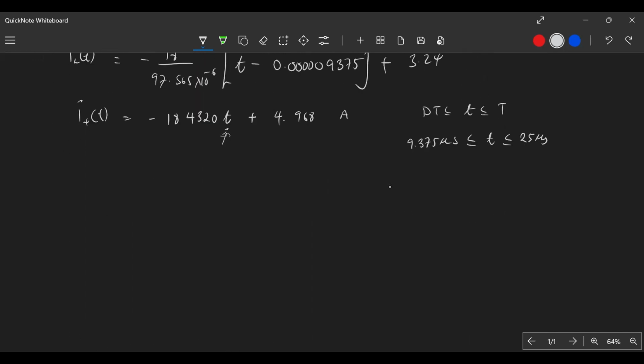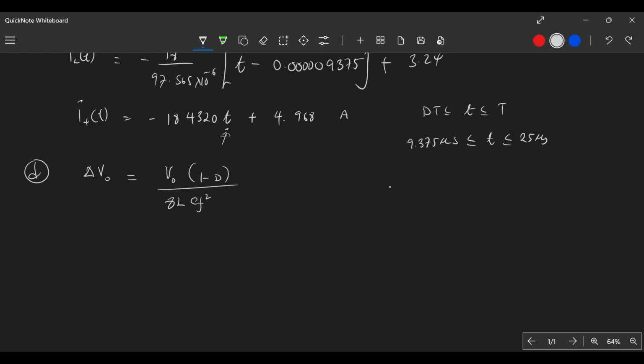I don't know if it's part C or part D. The formula is given by the ripple voltage. If you remember the first example that we solved, the ripple voltage is equal to VO times (1 minus D) divided by 8LCF squared, right?